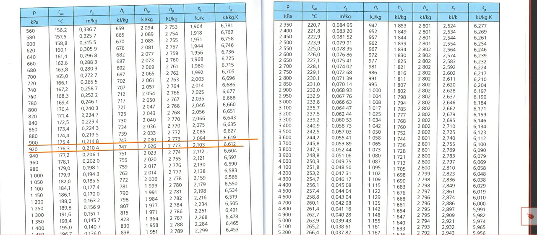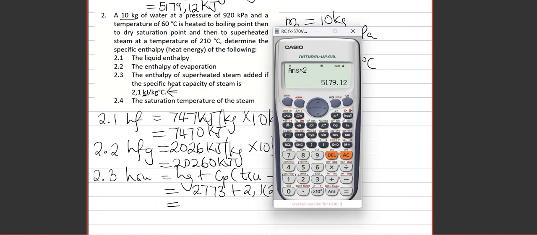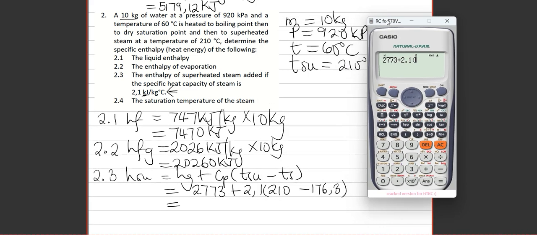There it is, 176,3. You substitute this. So this is 2773 plus 2,1 into, let's see, 210 minus 176,3, close bracket.